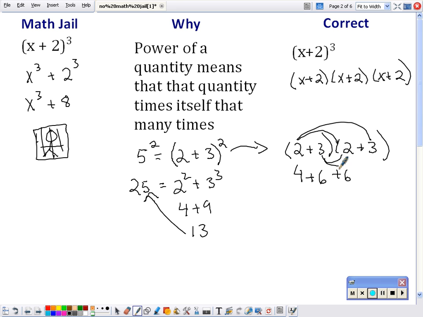And 3 times 3 is 9. Well, 4 plus 6 is 10. 10 plus 6 is 16. 16 plus 9 is 25. Hey, guess what? That's what 5 squared is. Please make sure when you distribute a power to a quantity, you never distribute it to each individual term.